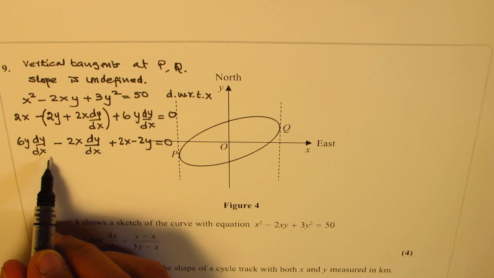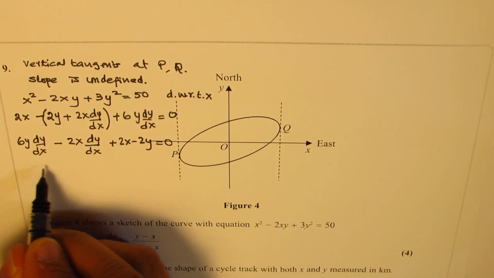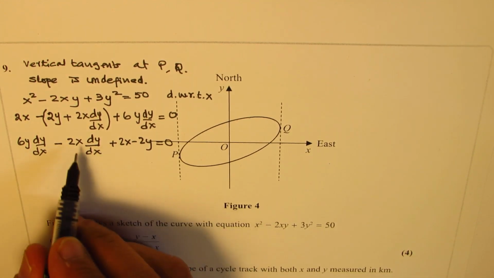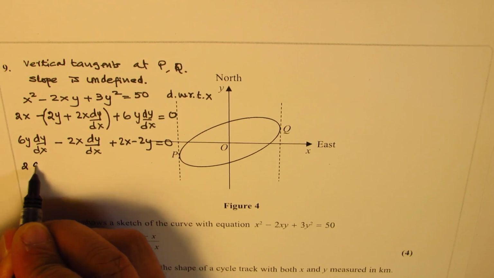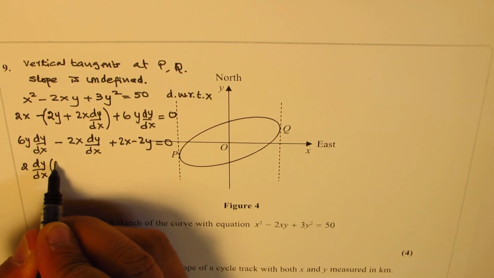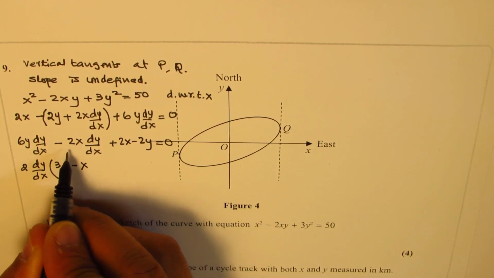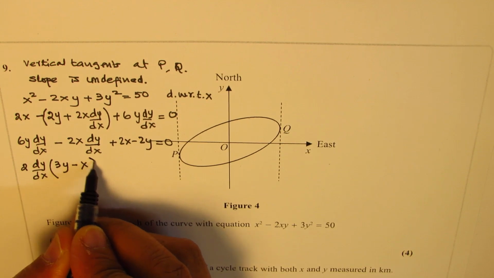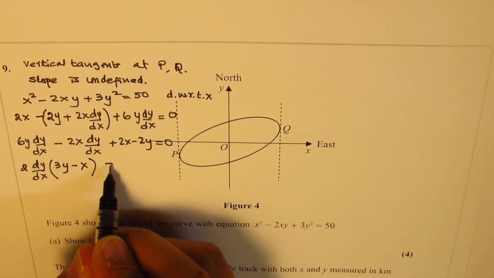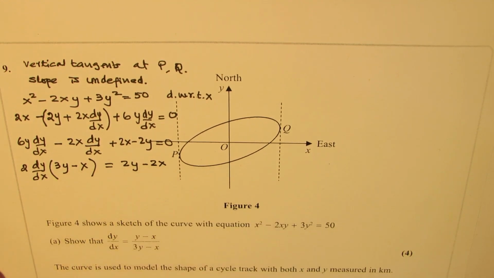Let's take dy/dx common. Since we have 3y minus x, it's good to take 2 times dy/dx common. So we get 2 dy/dx times (3y minus x), and we take the other terms to the right side, so we get 2y minus 2x.